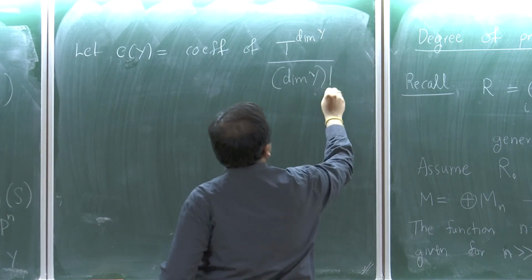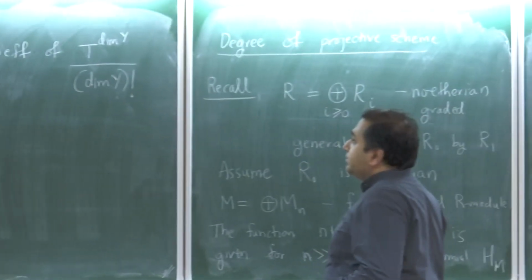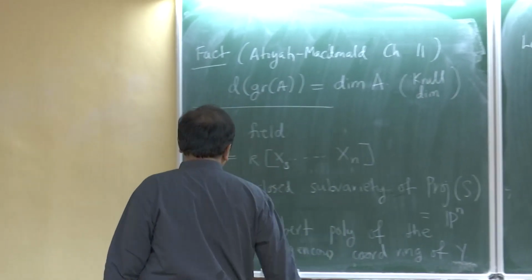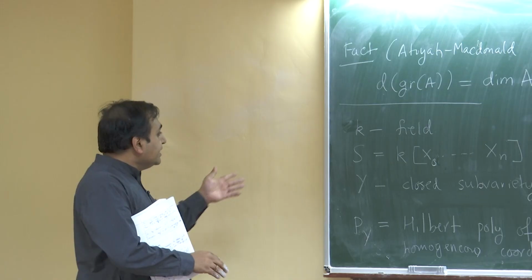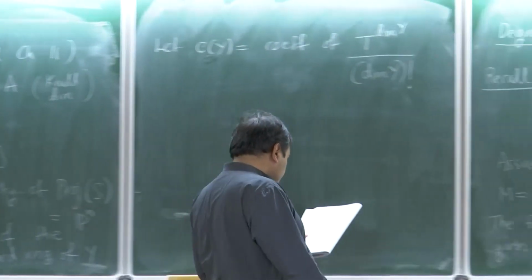So this is supposed to be the degree of Y. Okay, so this is not an intrinsic property of Y; it's a property of Y as sitting inside projective space.